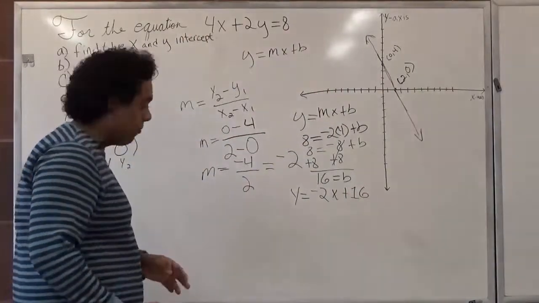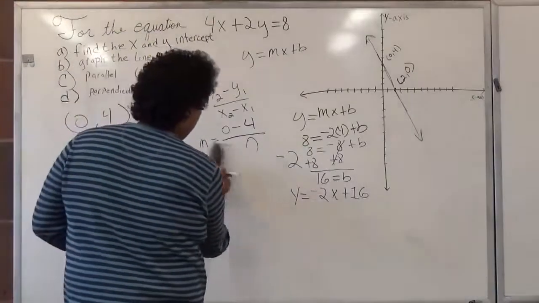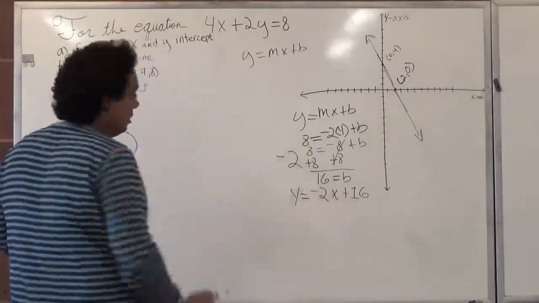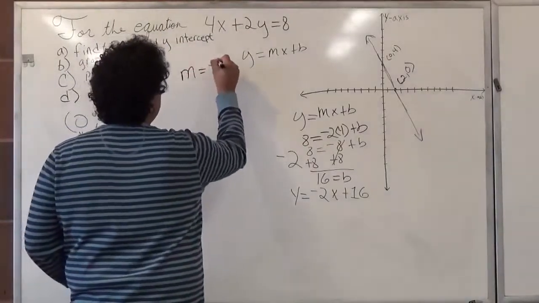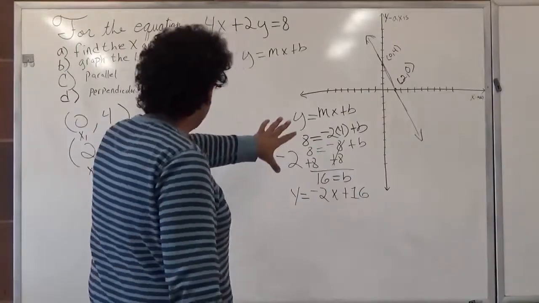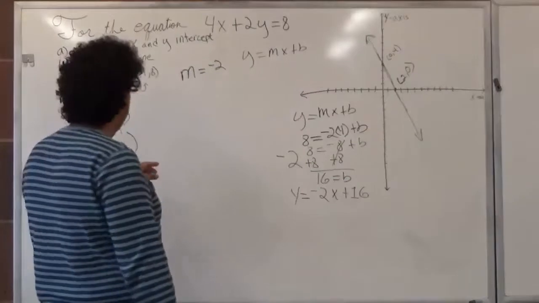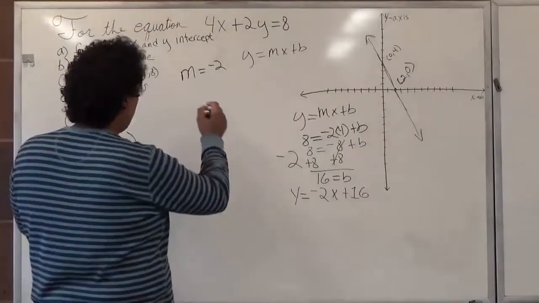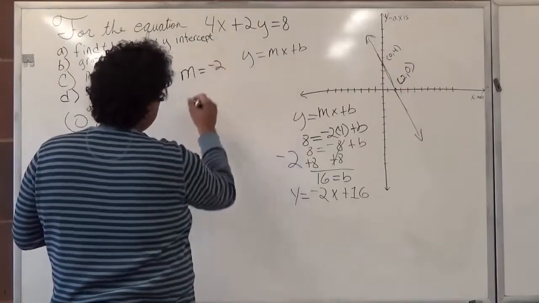Next, we're going to solve for the perpendicular line. And the perpendicular line is similar. I should have left this. So m equals negative 2 is similar, in which we just have to plug and play, but the slope is going to be the negative reciprocal of our original slope. So the negative reciprocal would mean we flip it and we change the sign.